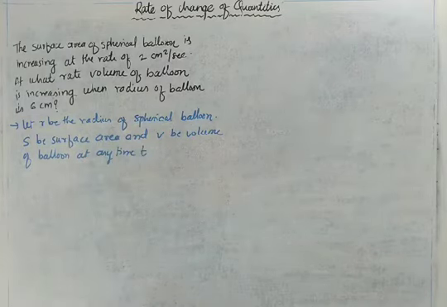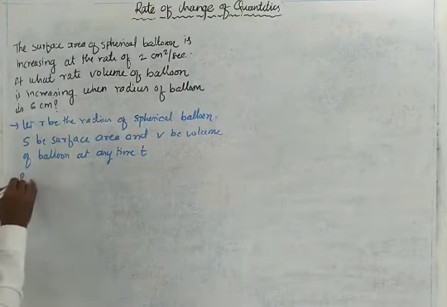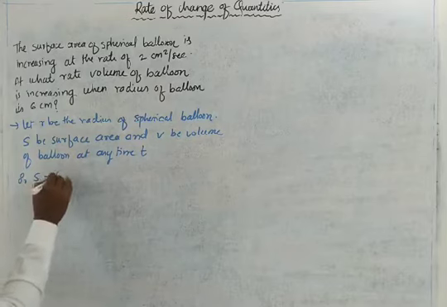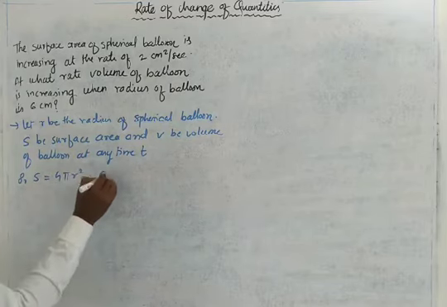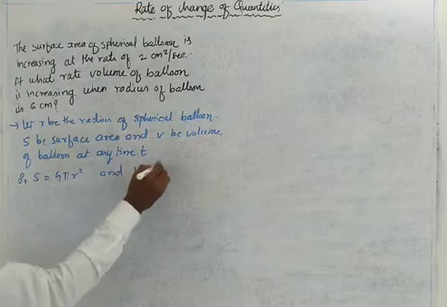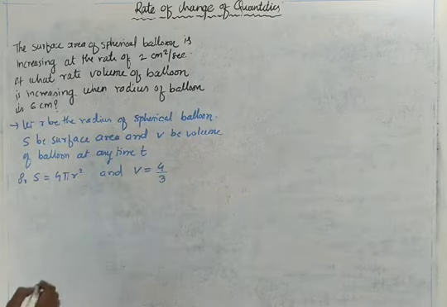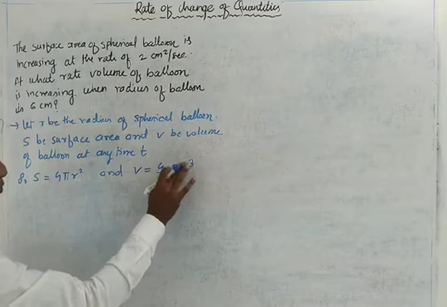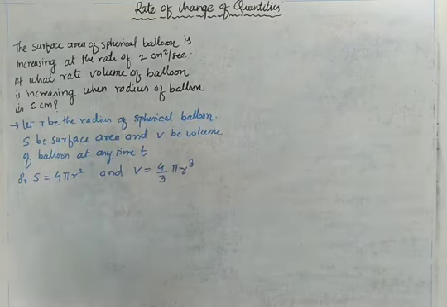Now the formulas are: S is equal to 4 pi r square, and V is equal to 4 by 3 pi r cube.